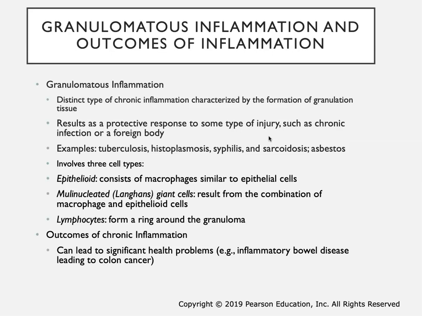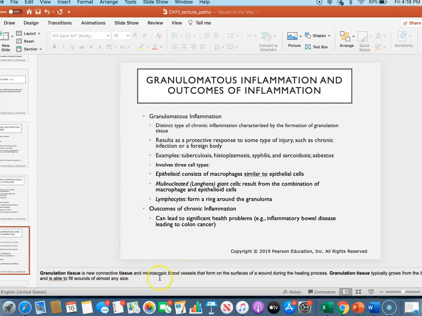There are a couple types of diseases that are characterized by this type of inflammation: tuberculosis, histoplasmosis, syphilis, sarcoidosis, and also exposure to asbestos, okay? I'm pretty sure I put some notes in here to clarify this a little bit more. It says granulation tissue is new connective tissue and microscopic blood vessels that form at the wound during the healing process.